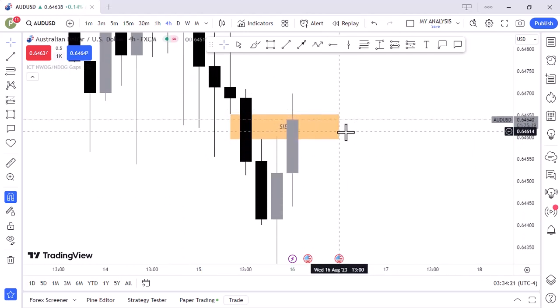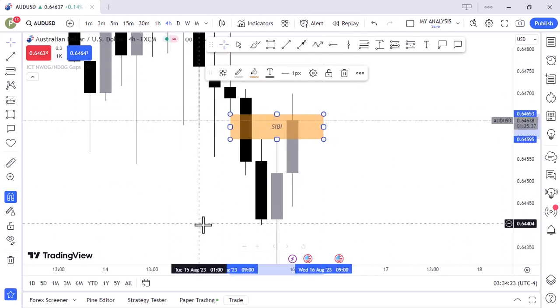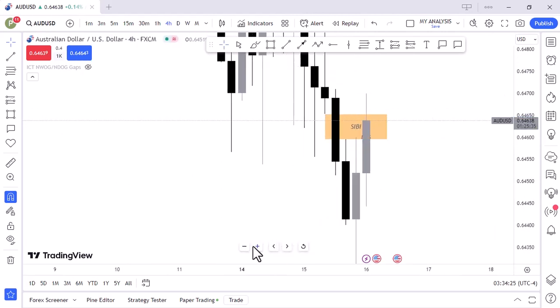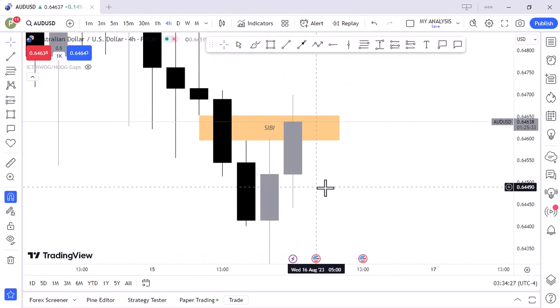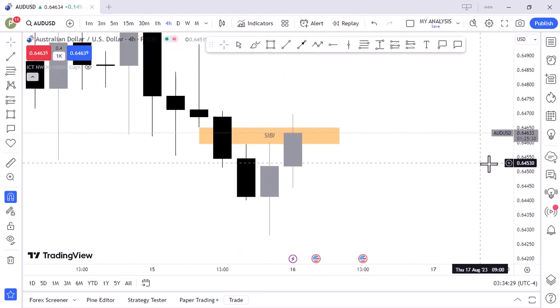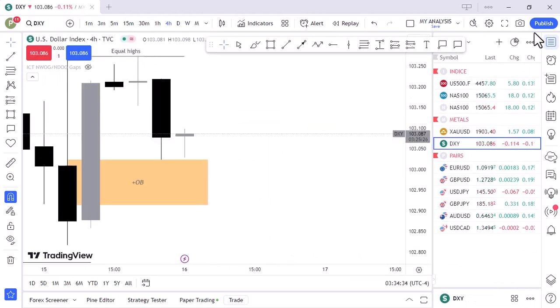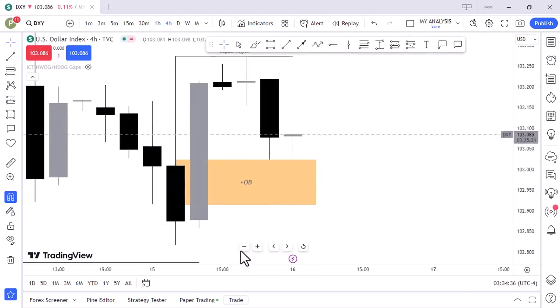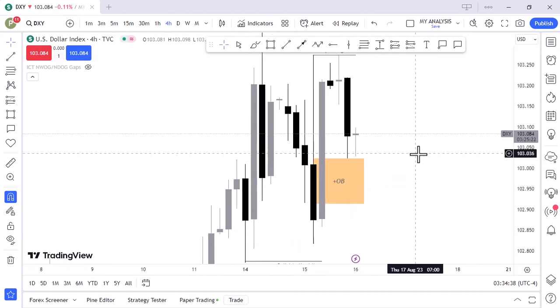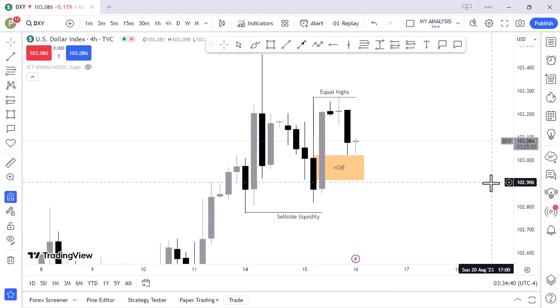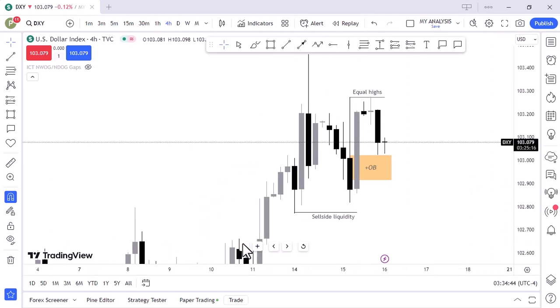On the CB, I was looking at the DXY to support the directional bias, since I was trying to look for sells on Aussie USD.